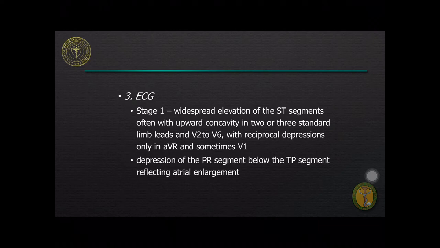ECG changes in the absence of massive effusion typically evolve through 4 stages. In stage 1, there is widespread elevation of the ST segments, often with upward concavity in 2 or 3 standard limb leads and V2 to V6 in the precordial leads, with reciprocal depressions only in aVR and sometimes V1.